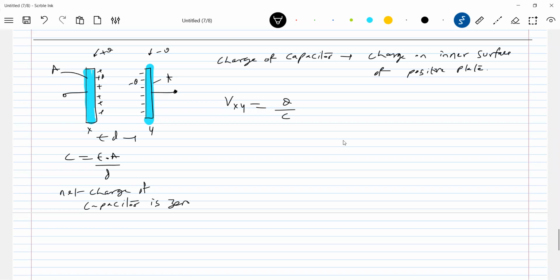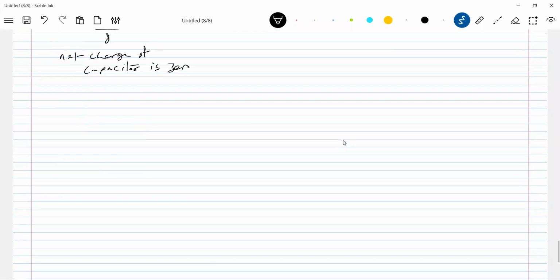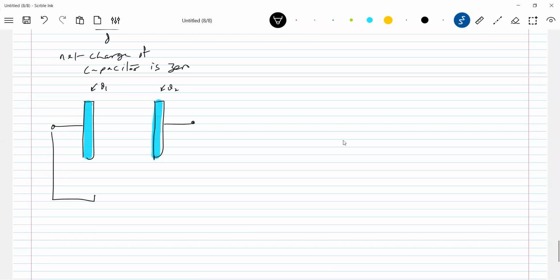So instead of giving equal and opposite charges, let me give charges of this kind. If you give charges Q1 and Q2, then what I do, I will bring a circuit.